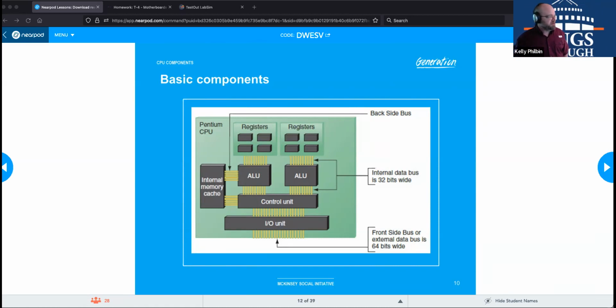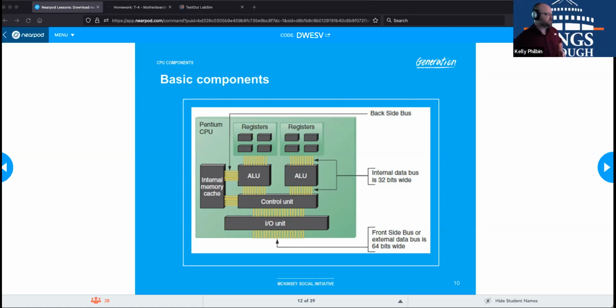Then we have our control unit, which is kind of like a traffic cop, determining where the pieces need to go. We have our IO unit, which is the input output unit. This is how it connects to the outside to go to our North Bridge, where it communicates with the RAM and the rest of the computer.